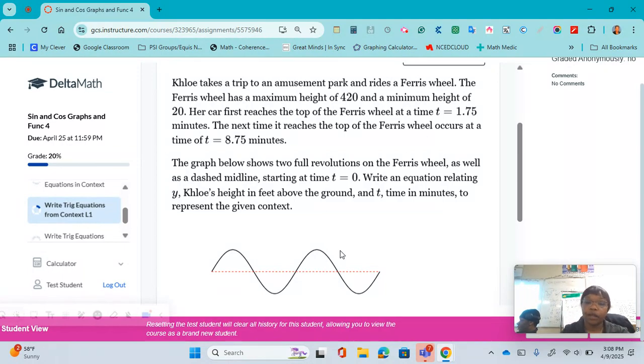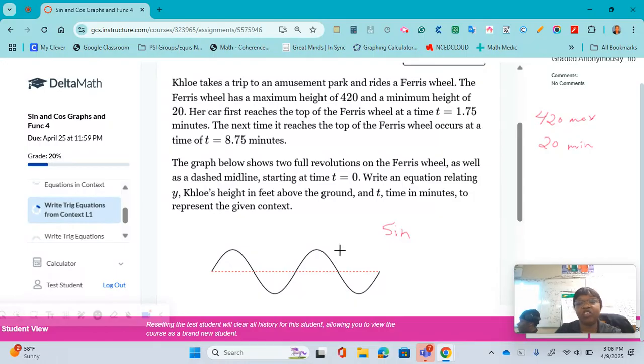Okay. All right. So for this one, it says it's starting at the midline. So if it's starting at the midline, we know we're dealing with sine. We have a maximum of 420 and a minimum of 20.